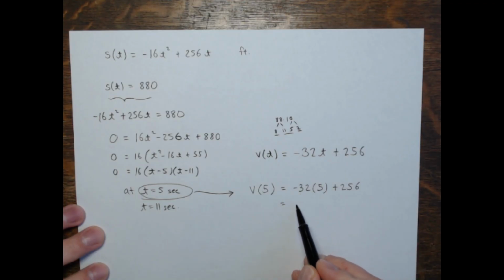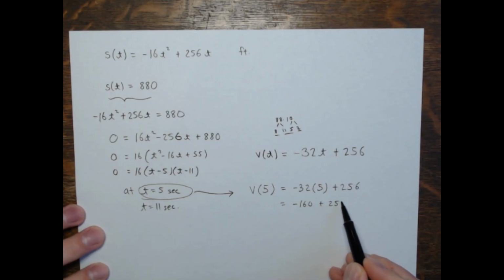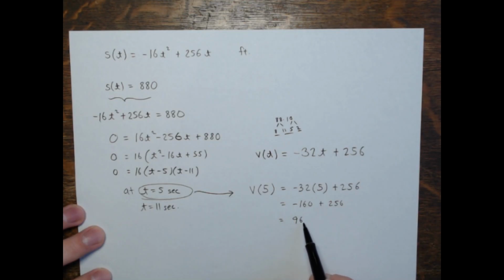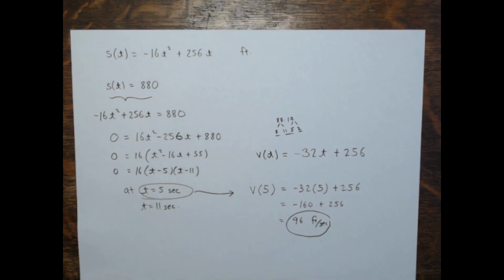This is negative 160 plus 256. That's positive 96 feet per second. And they already have the feet per second. You don't have to type that, right? You just type in the number.